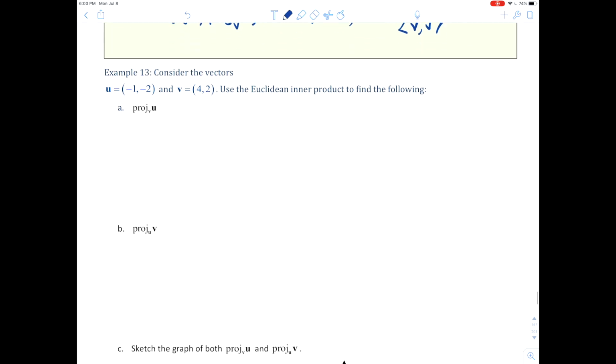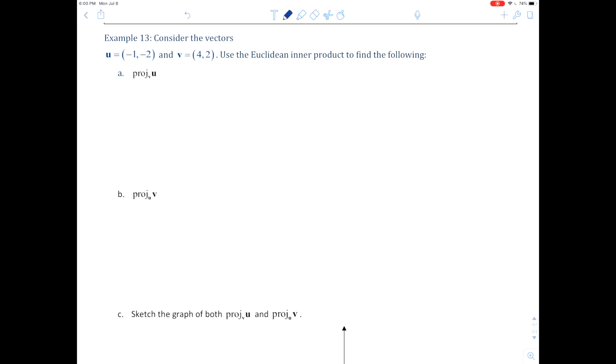Okay, so here we go. Consider the vectors U is -1, -2, V is 4, 2. We're going to use the Euclidean inner product, the dot product, to find the following. Projection of U onto V. That's going to equal the dot product of U and V divided by the dot product of V with itself times V. So what's the dot product? -4 plus -4, so we'll get -8 for the dot product of U and V. And then the dot product of V with itself is going to be 20.